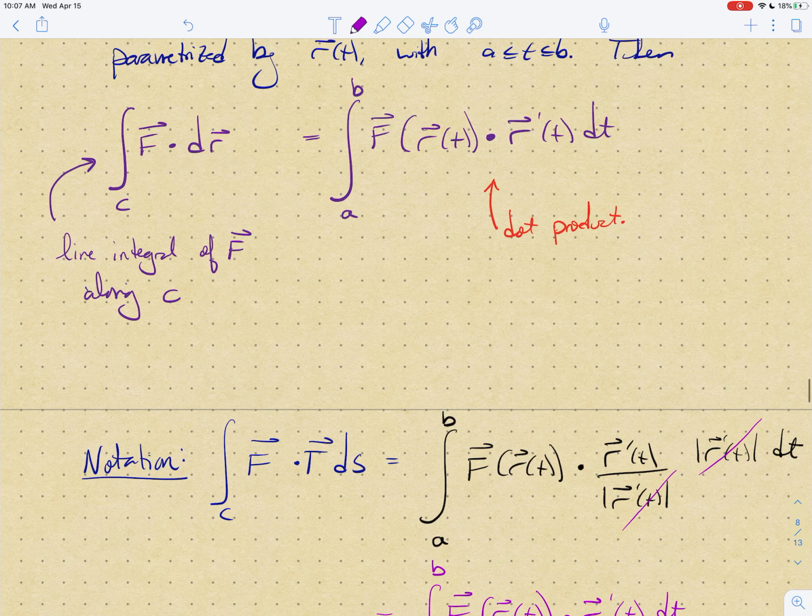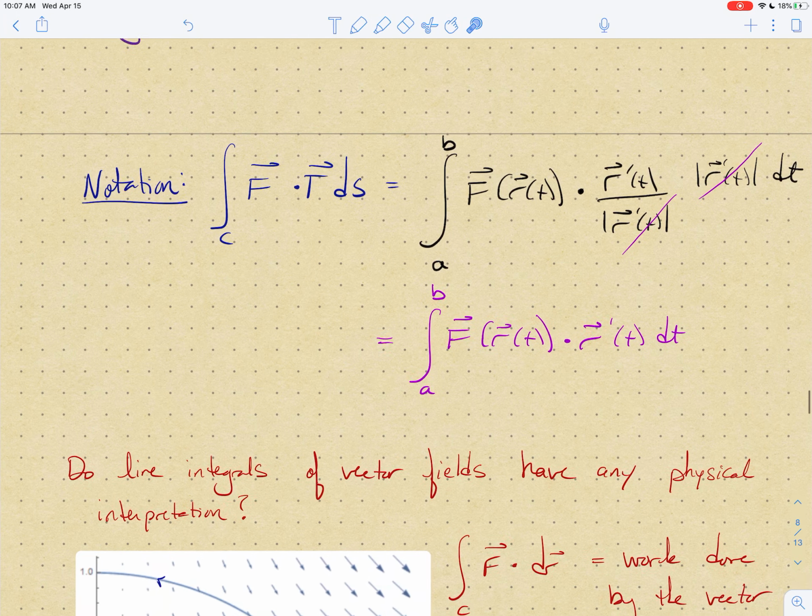So please be aware that when you see a vector field dot with a unit tangent vector T and then a ds at the end, it's just the line integral of F along C. So this is just notation. Both of them mean that. That's how you do it.